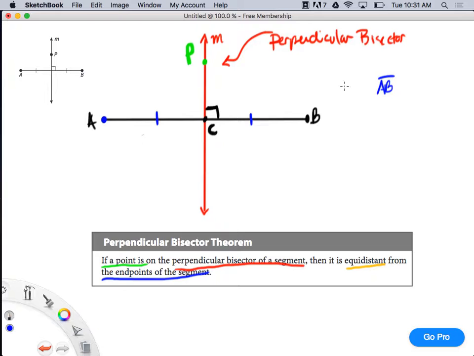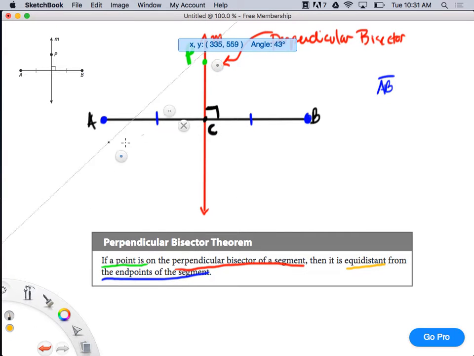Jenna, what's the next one? B. Good. So those are the two endpoints right there, you see? Now, Brianna, what does equidistant mean? Yeah, nice. So this point P is equally distant from A as it is from B.